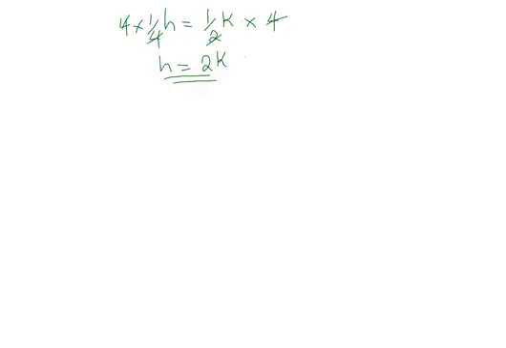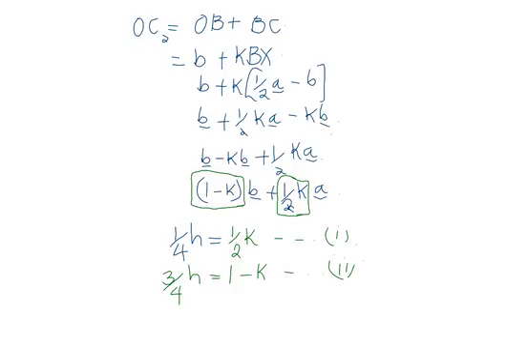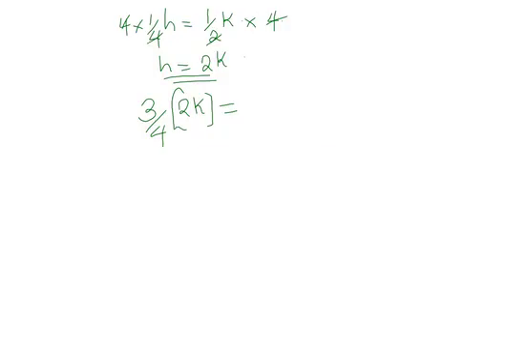So we have 3 over 4, and in the place of h we'll have 2k is equal to 1 minus k. So if we open the brackets, we'll have 3 over 2k is equal to 1 minus k.